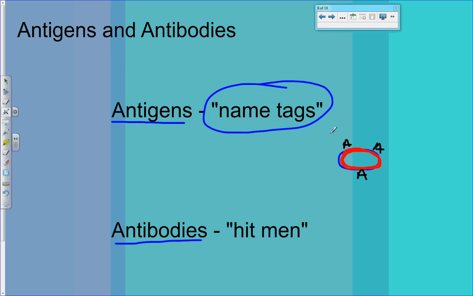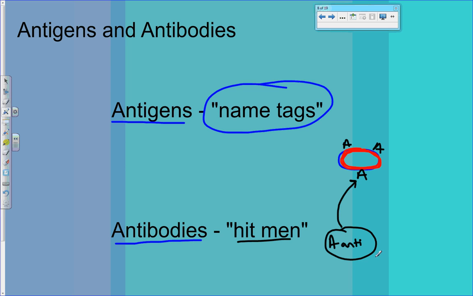And so people who are not type A blood, so for example, if they're type B blood, they actually have A antibodies, that their job is to hunt out and kind of attack any red blood cells that are type A. So you can imagine that a person who's type A blood would not want to have A antibodies because that would obviously clump their own blood, so that'd be bad.